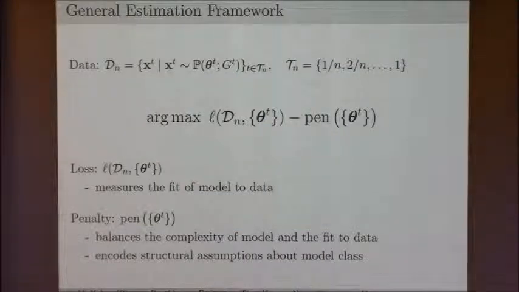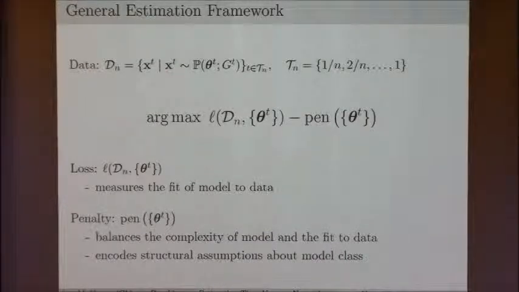And we are going to use a general estimation framework. Given data, we would like to maximize a penalized log likelihood, and this term is going to measure the fit of the model to the data locally.